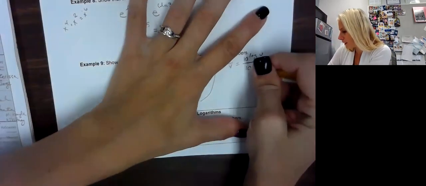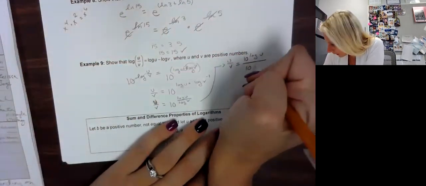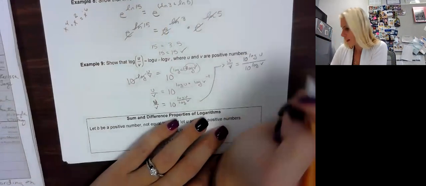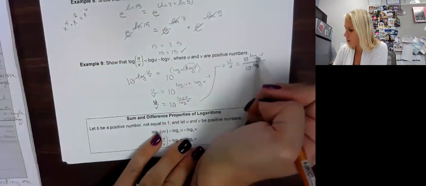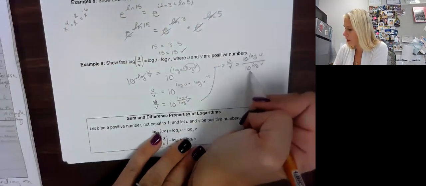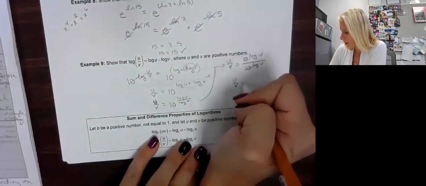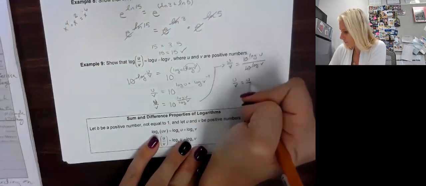Be careful when you guys are writing too that you want it to be an exponent, because you will get marked off for that. And then what do you know? 10 and log, they cancel. We get u over v equals u over v.